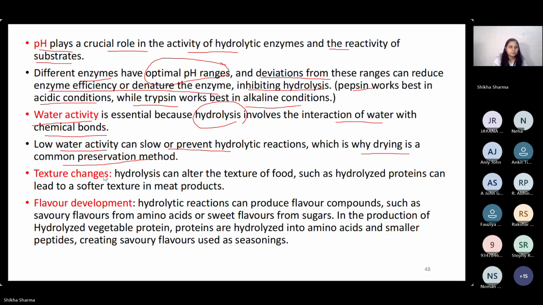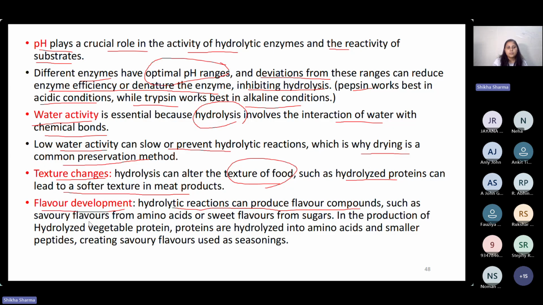Also, apart from these, texture changes: the texture of the food can also be affected by the hydrolysis process, such as hydrolyzed proteins leading to a softer texture in the meat. Also, flavor development: hydrolytic reactions can produce flavorful compounds.